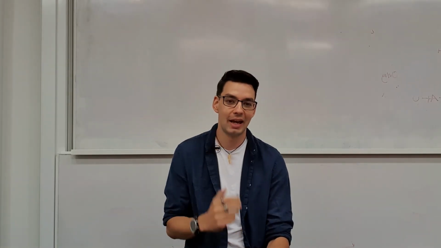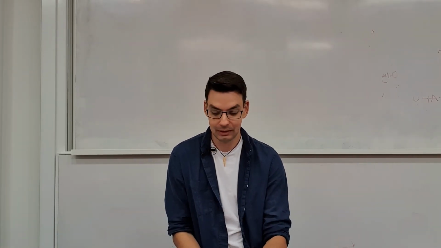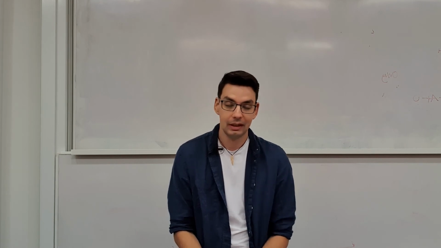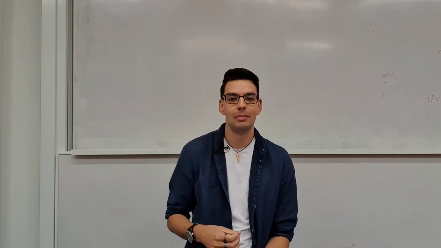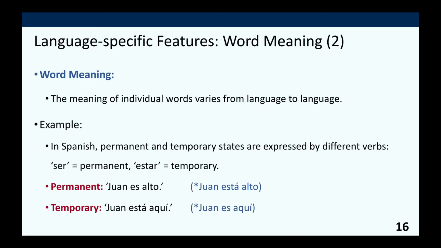Now, this is not the same in every language. So, for example, in Spanish, a different verb is used to express permanent and temporary states. Namely, the verb ser is used to express permanent, and the verb estar is used to express temporary states.